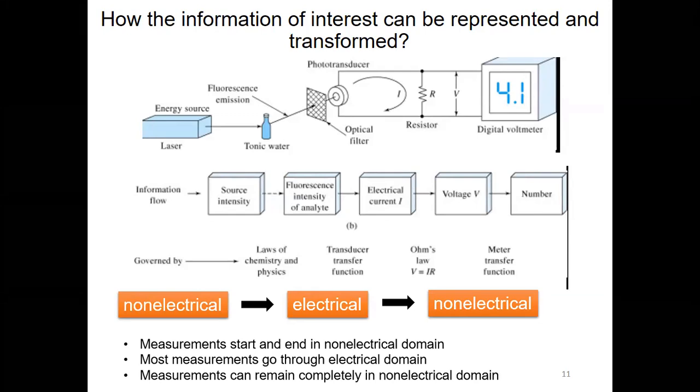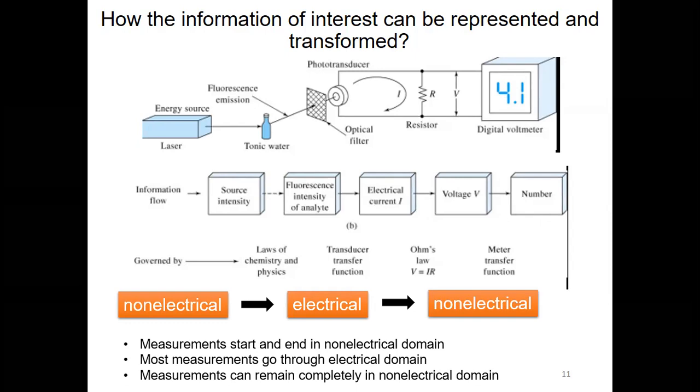So it starts from the non-electrical domain, and then we measure the length. Again, it gives the number. So as an output also, it gives the number which is non-electrical. So in that case, it can be completely non-electrical domain.